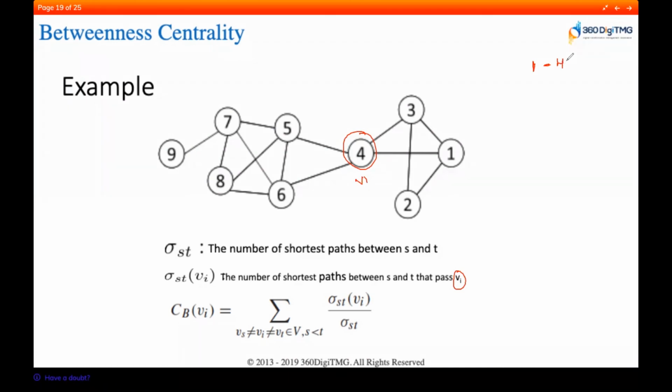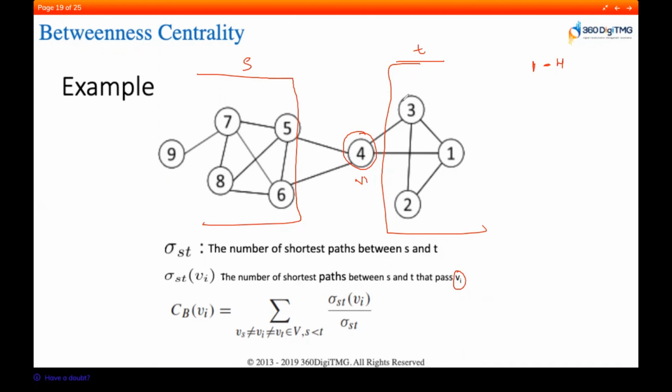If I want to come up with the distance between 1 and 4, I divide this into 2 parts, and I call them S and T. Vi, if I take 4 as Vi, I would require to split this network into 2 pieces. So that is what I have done here, divided this into 2 pieces, S and T.